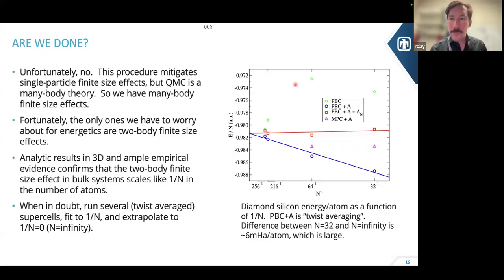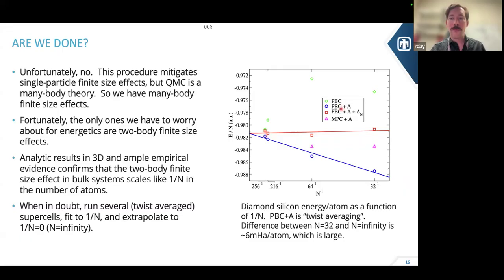I want you to focus on this PBC plus A. This was taken from a finite size correction paper, but this is twist averaging, what we were just running you through about why you should do it. What you see is that for PBCA, it's a little jumpy, but this looks like a line. If you did not do twist averaging, this is what it looks like. That is not super great.